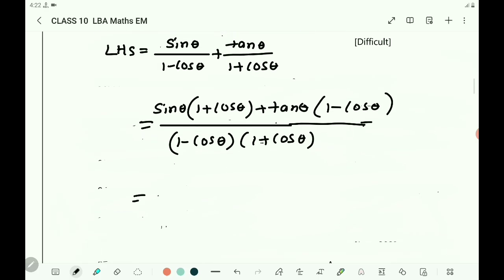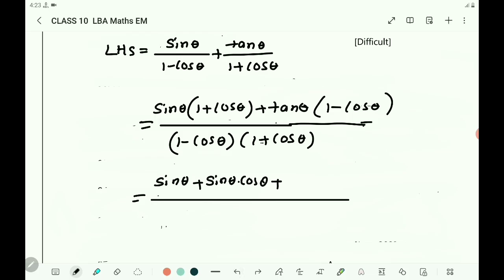equals, here you multiply sin theta and 1 plus cos theta, that is sin theta into 1 is sin theta plus sin theta into cos theta is sin theta cos theta plus tan theta into 1 is tan theta minus tan theta into cos theta is tan theta cos theta.